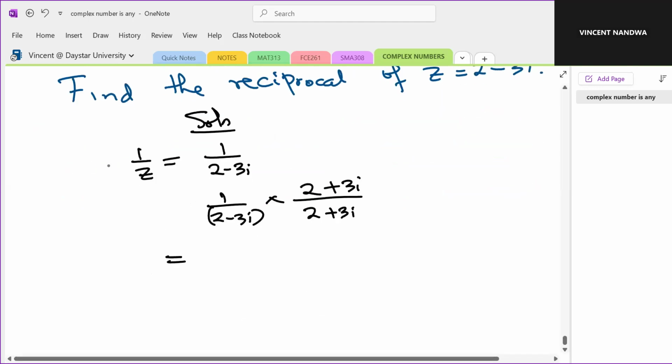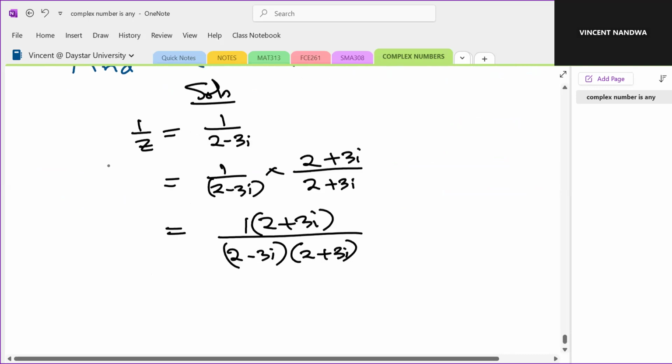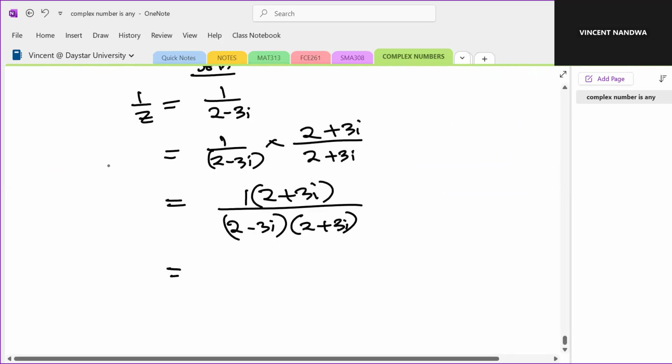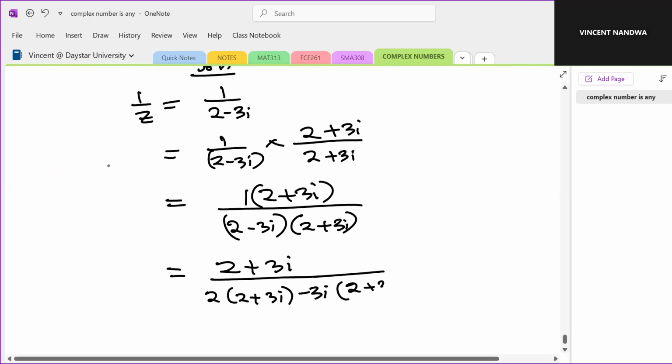So we'll have 2 plus 3i times 1, then 2 minus 3i times 2 plus 3i. So it will be 2 plus 3i over 2 into 2 plus 3i minus 3i into 2 plus 3i.